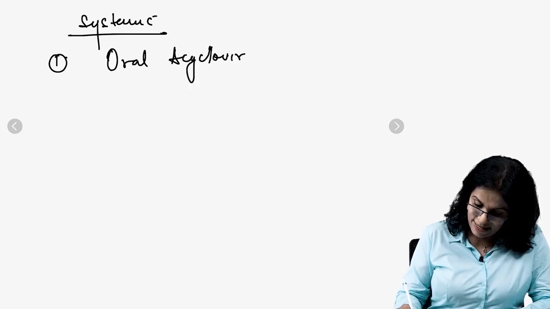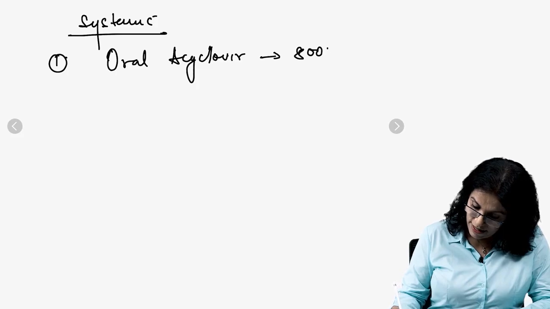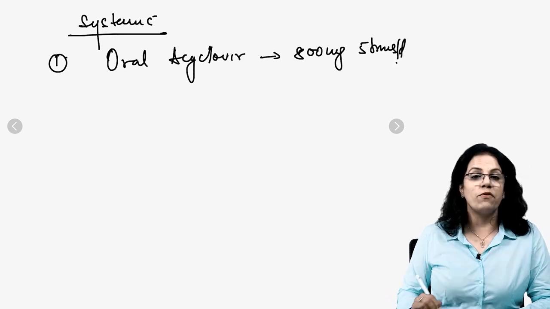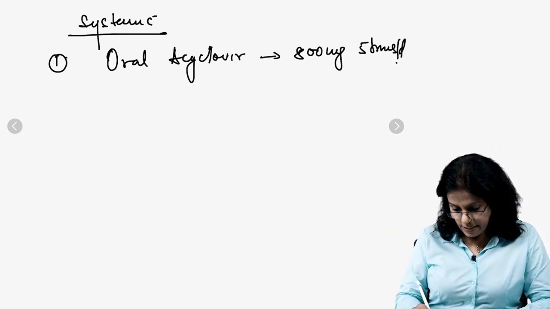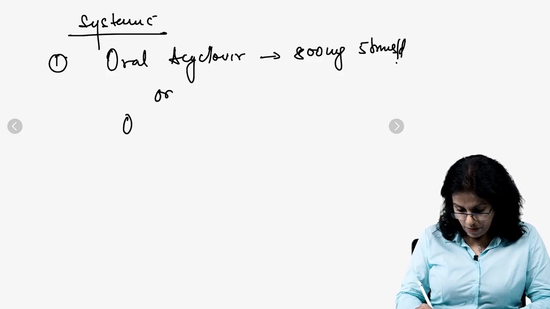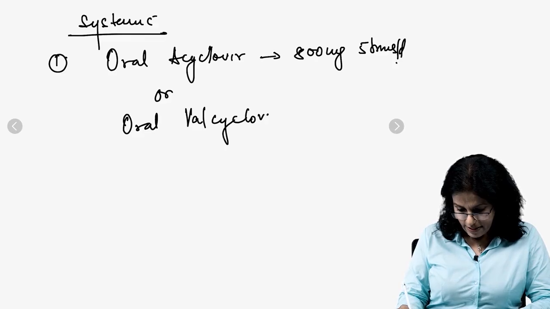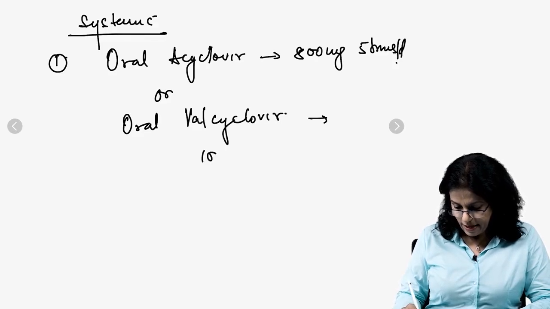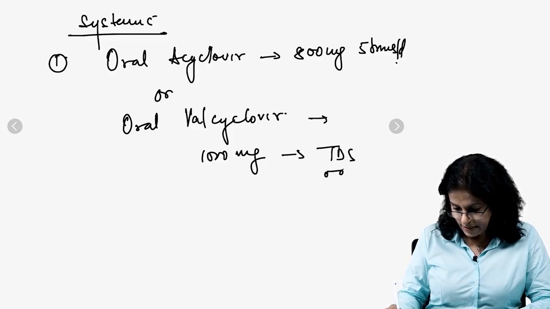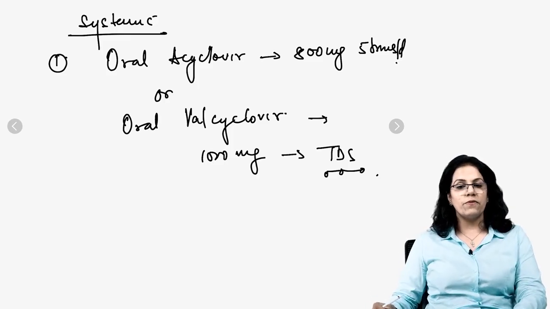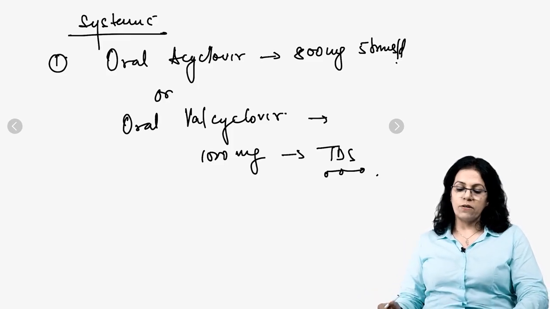It is 800 milligrams, given 5 times a day. If you don't want to give 5 times, you can go for oral valacyclovir. This time you will answer 1000 milligrams, given TDS, 3 times a day.